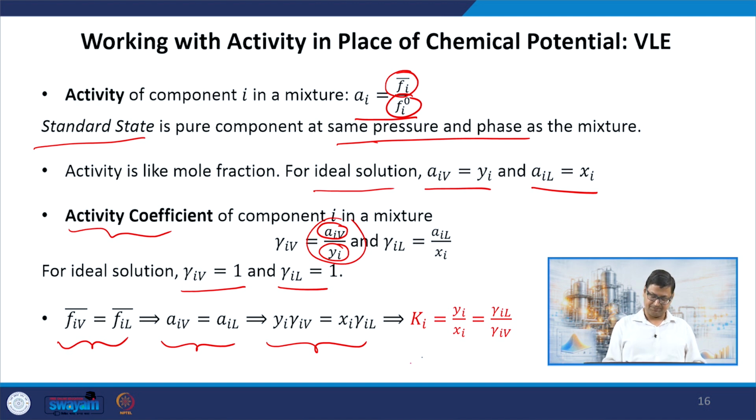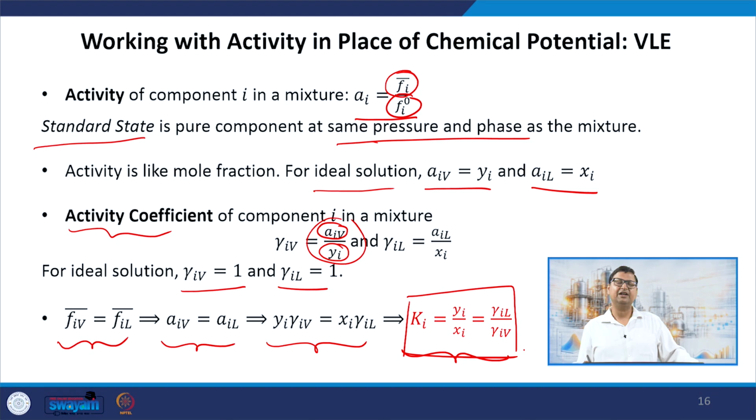Therefore, we can again get a relation for the K value, the Ki, that is the ratio of yi to xi, and that can be expressed as the ratio of the activity coefficients for the components, right?